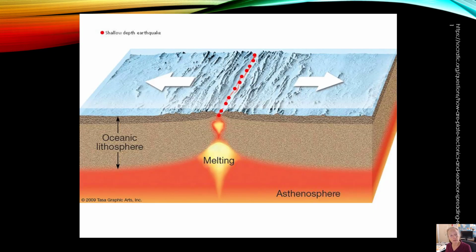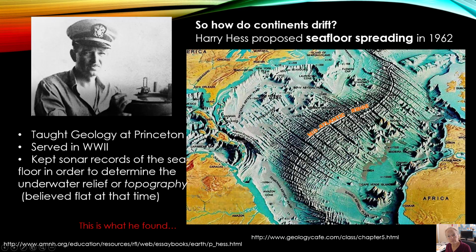And it basically works like this. There is magma coming up in the center of the ocean in that highest part of the mid-Atlantic ridge. He believes, and it is a very long, tens of thousands of miles, I believe, long volcanic chain.